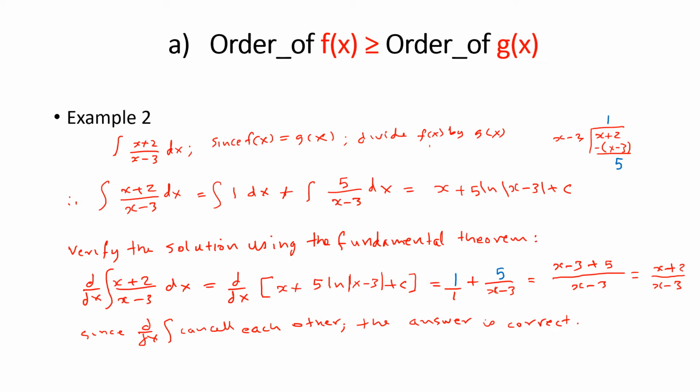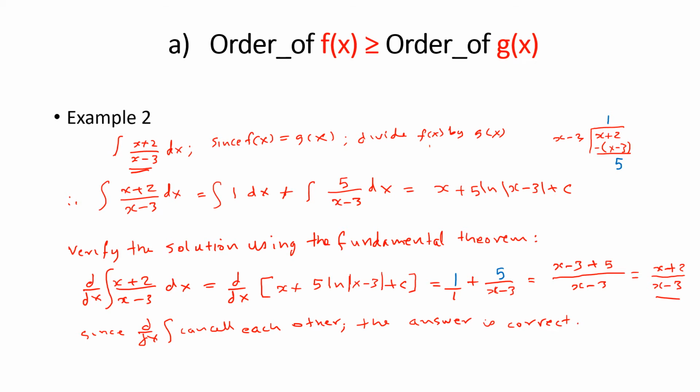So since the denominator is x − 3, we combine the numerator, subtracting 3 from 5. We end up with a numerator of x + 2 divided by x − 3, which is what we want, because this is what we integrated. And then we took the integral and we did the derivative. We got back to the result. So that proves that the integration is correct.